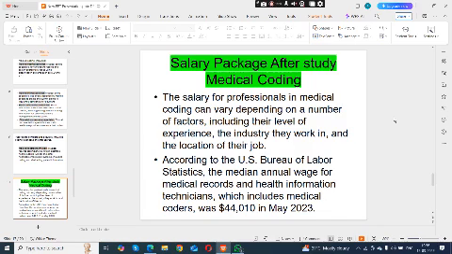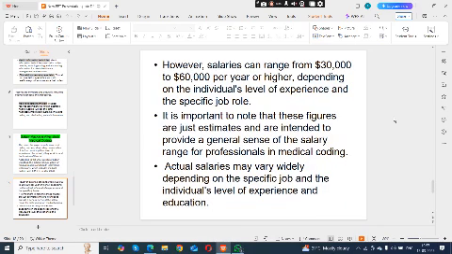According to the US Bureau of Labor Statistics, the median annual wage for medical records and health information technicians, including coders, was $44,010 in May 2023. The salaries can range from 30,000 to 60,000 per year or higher, depending on the individual's level of experience and specific job role.